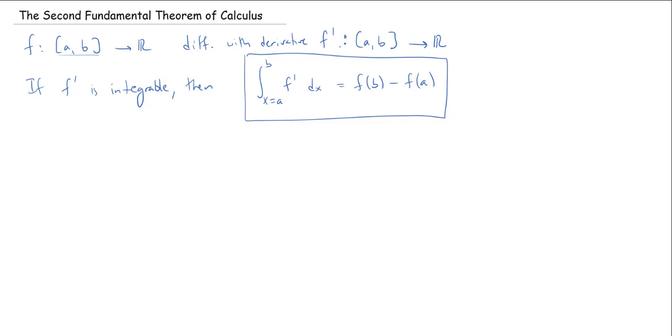Rest assured, they are not the same thing. They give you the same answer, but they are not the same thing. Now you say, well, they give you the same answer. Well, at least in this case. There are absolutely functions we can write down that are integrable but not anti-differentiable, and there are functions we can write down that are anti-differentiable and not integrable. And that's why they're not actually the same thing. They just give you the same answer.